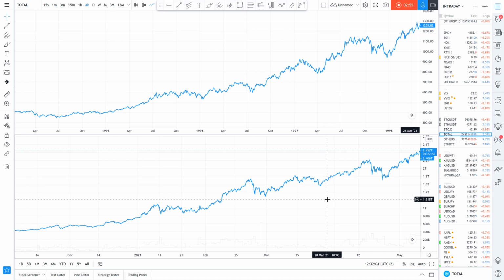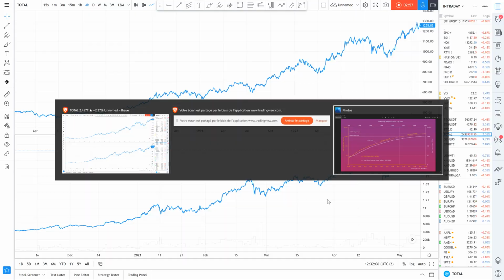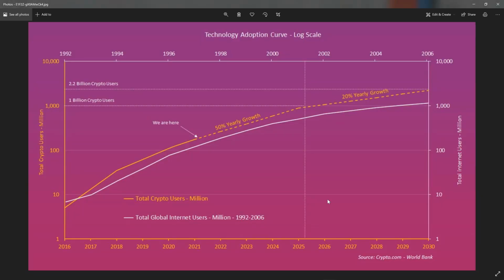So the basic starting point for this thinking process has been this, which I came across on Twitter, and I found it astonishingly interesting. Basically, this is comparing the crypto bubble, or the crypto emergence consensus we are in right now, and how far along we are compared to the growth we've seen in total users of the internet.